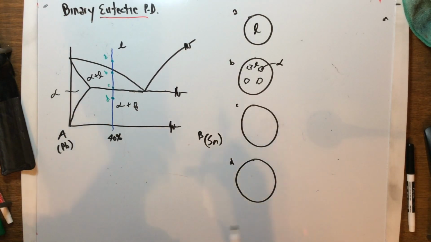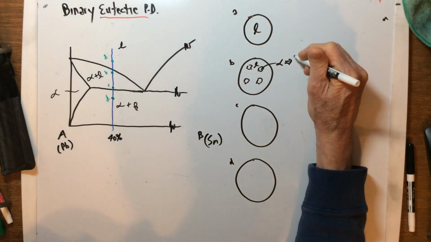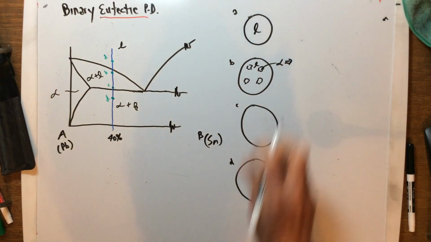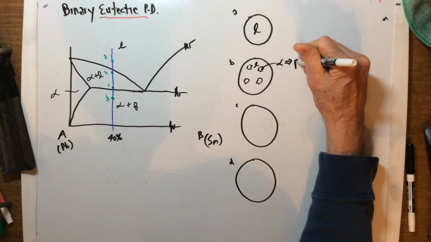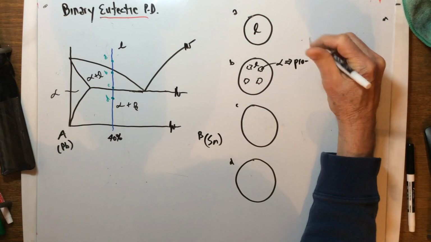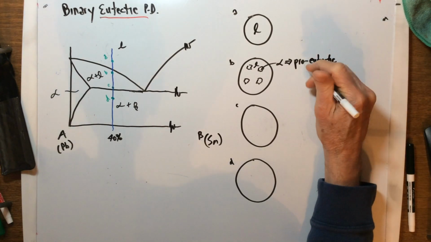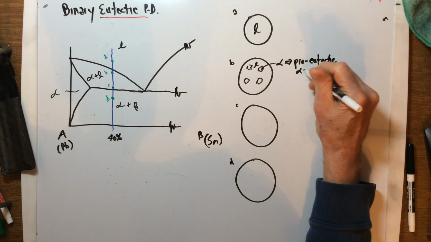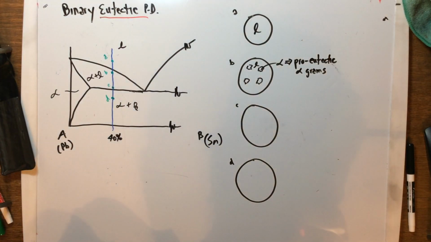So they're going to get a new name. So these alpha grains, we're going to give them a new title, and we're going to call them Pro-Eutectic Alpha grains. Okay, or Pro-Eutectic Alpha.